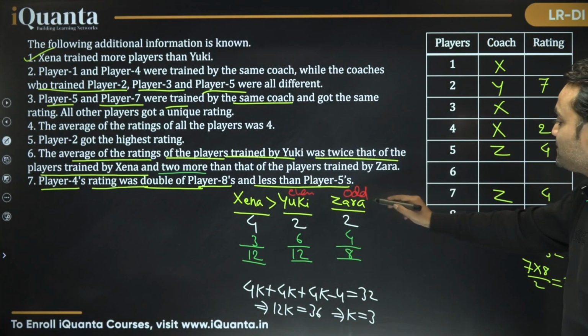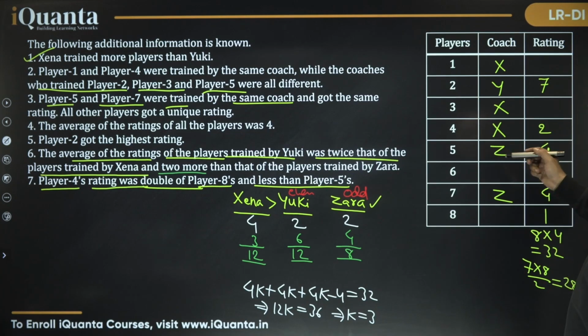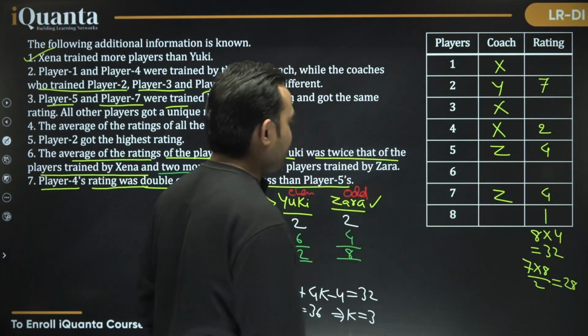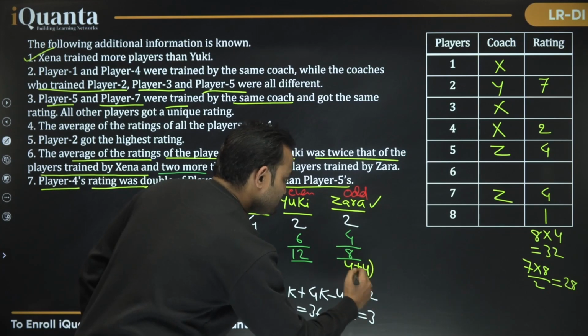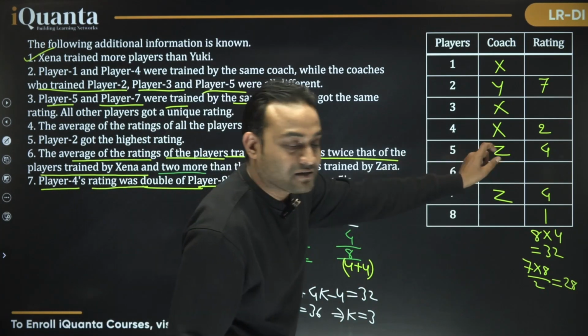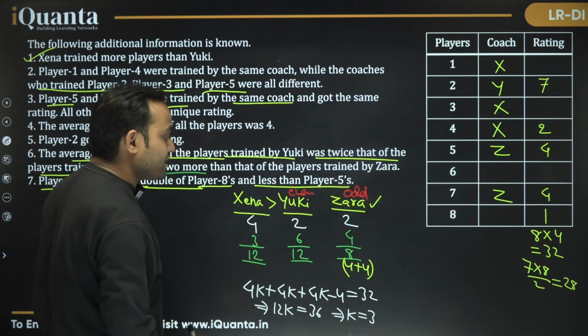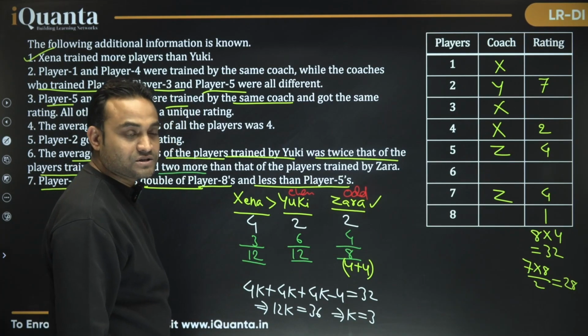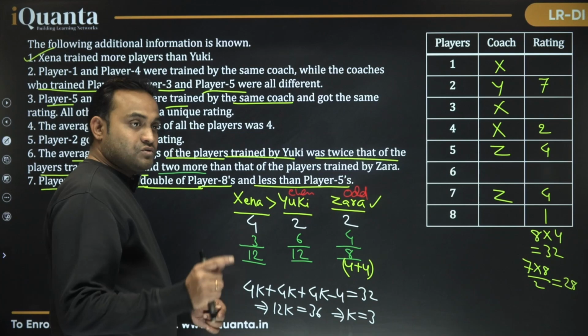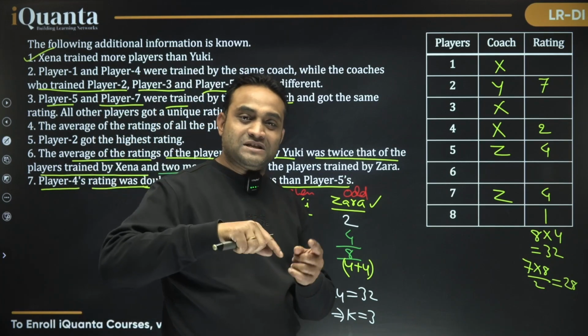Now we have X, X, X, and then we have 2Z. Z is completed. 1X, 1Y is left, right? Now in case of Z, total is 8, 4 plus 4. Already got that. In case of Yuki, how can we achieve 12? Think about this. So maximum it could be 7 plus 6, 13.